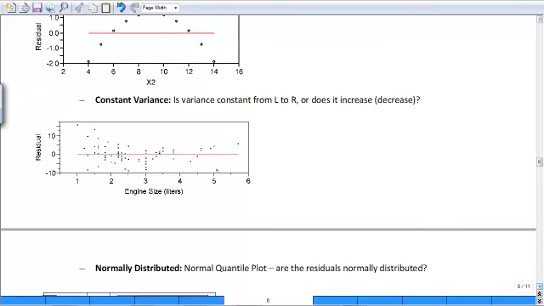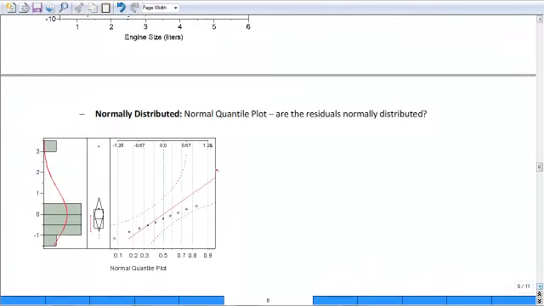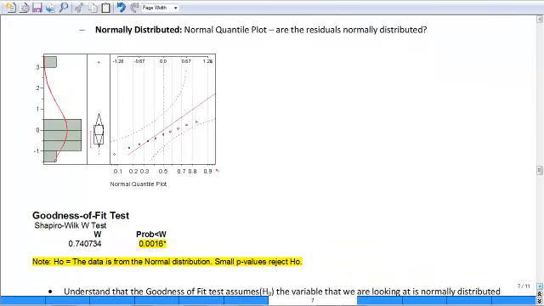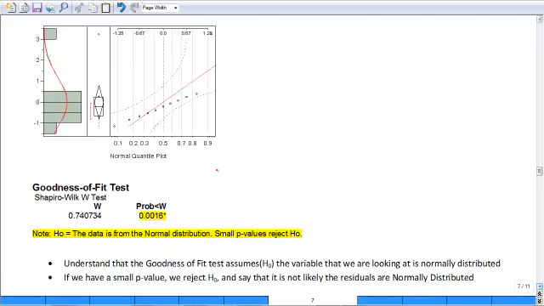The fourth assumption that we have to test is whether the residuals are normally distributed. Now we will take a look later on next week at how we actually get the residuals and evaluate the distribution. We're going to focus on the graph of the residuals, or the histogram, initially. Taking a look at these residuals, you see that you've got some residuals with negative values and some with positive values.